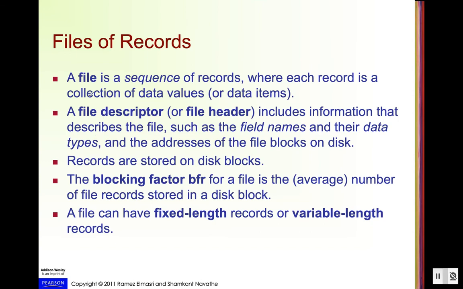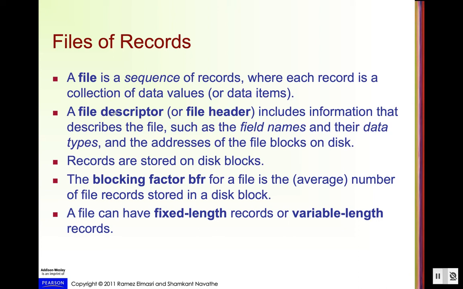A file is a sequence of records, where each record is a collection of data values. We know what a record is, and a file is a collection of records, a sequence of records. Sequence means that each record will be inserted sequentially, so each record will have a sequence number.